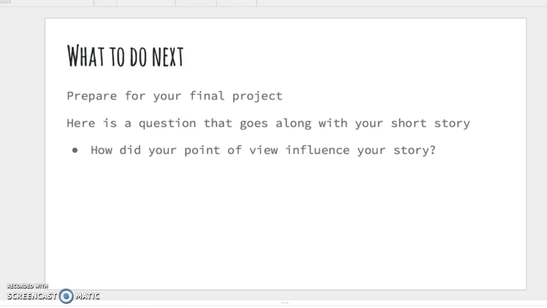So the question is, how did your point of view influence your story? After you've written your story, I want you to go above and think about how your point of view influenced your story. What did you bring into your story that reflects you and your ideas?